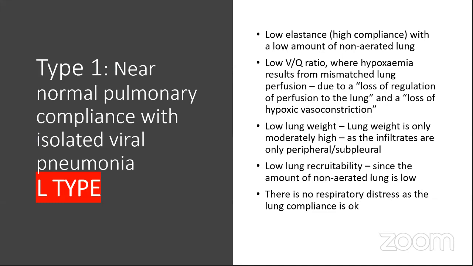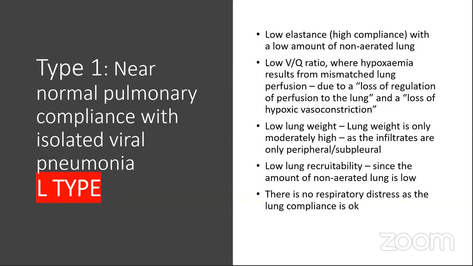Then if we go to discuss the details of type 1, the patient mostly has normal compliance and a low amount of non-aerated lung. The main pathophysiology of hypoxemia for this patient is ventilation perfusion mismatch, as we mentioned, because endothelial injury is reflected in the hypoxic vasoconstriction response of the pulmonary vasculature.